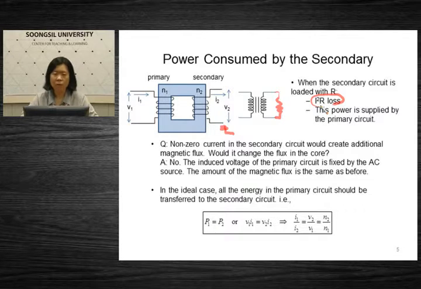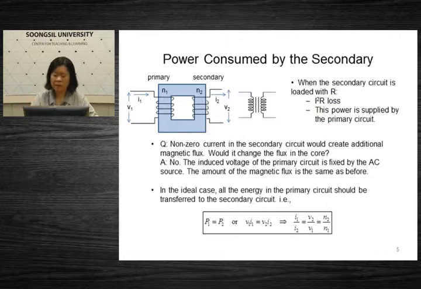Then what is the source of this energy? The secondary does not have any battery, but it has the magnetic flux, and the magnetic flux is coming from the primary circuit. So this power is actually supplied by the primary circuit.